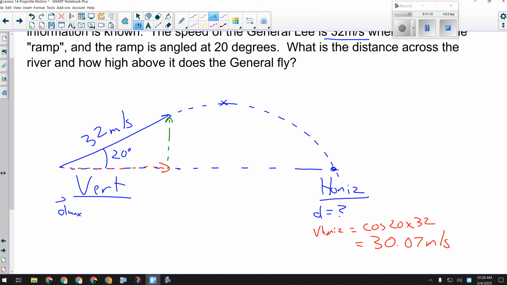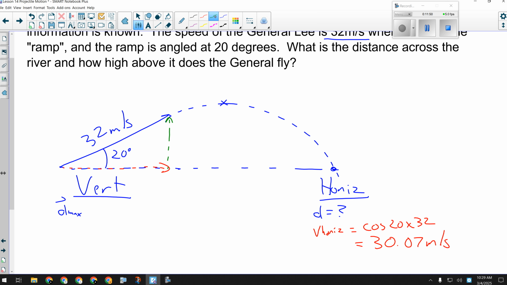If I find the vertical component, what am I finding? Does the velocity vertically change as the General flies through the air? You're finding VI. The answer is yes, it does change as the General flies through the air, because if I'm just watching its vertical component, I'm seeing an object going up slower and slower and slower, and then coming back down faster and faster and faster.